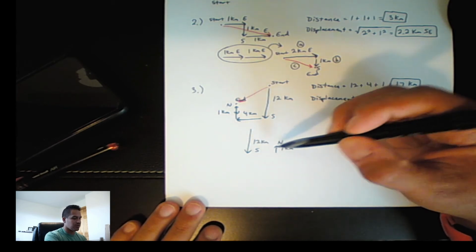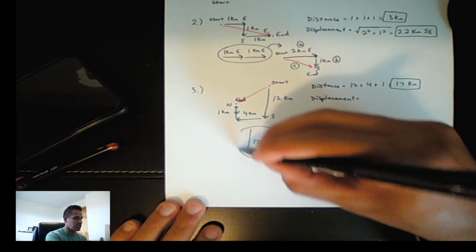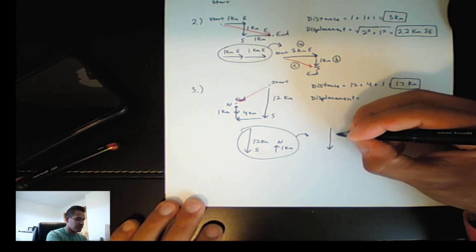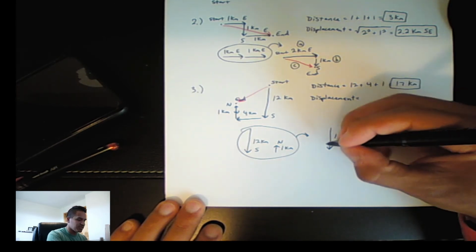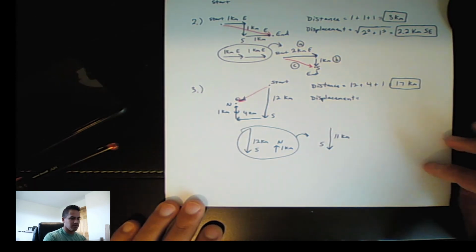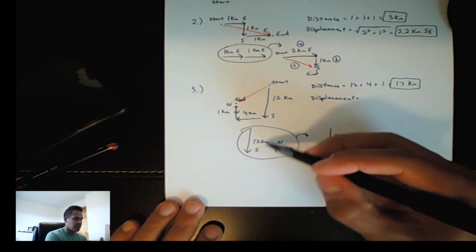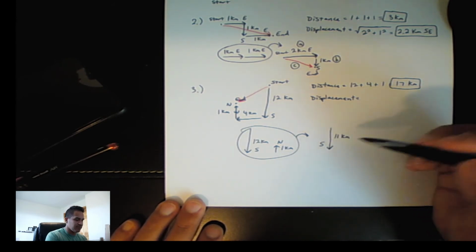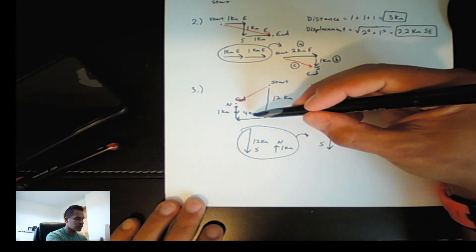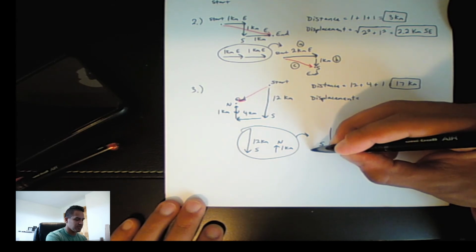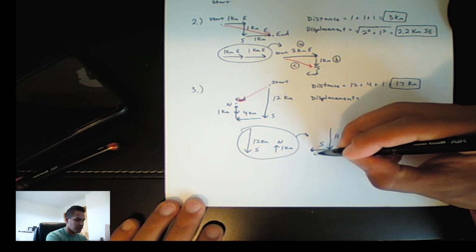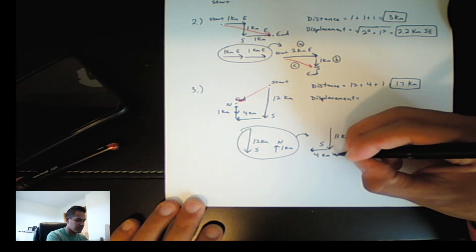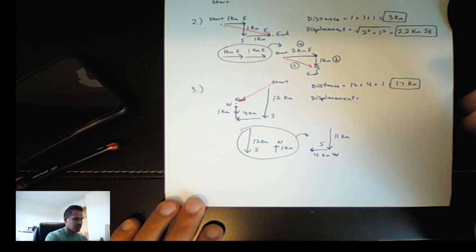So 12 kilometers minus 1 kilometer, we can simplify this down into 11 kilometers going south. Because the 12 vector was the bigger of the 2, our resultant vector is still going south, 11 kilometers. And then, of course, we have our 4 kilometers going west still, and there are no other vectors going west or east, so that's it.